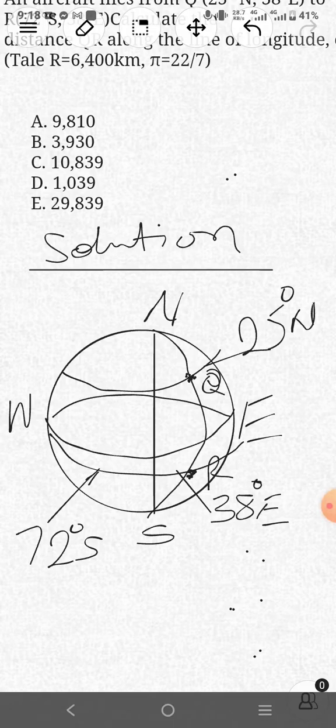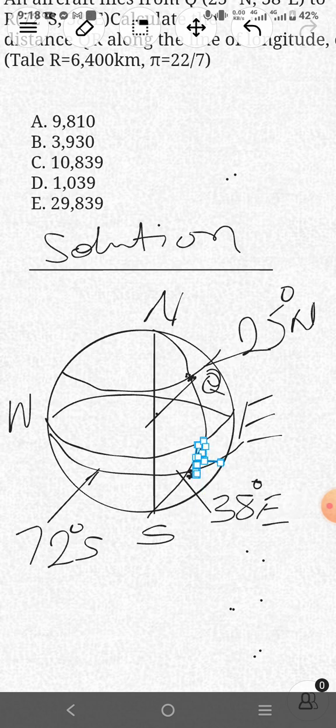You can see this is the line of longitude. See what we are going to do here. We'll draw this place to this place. From this point, I will draw it to the center.